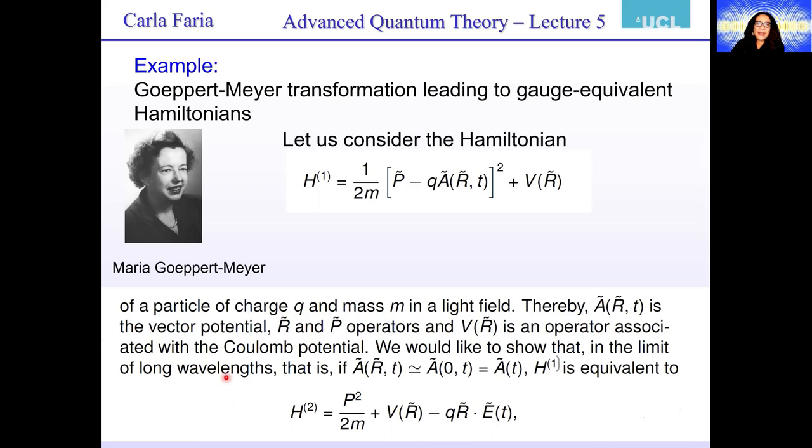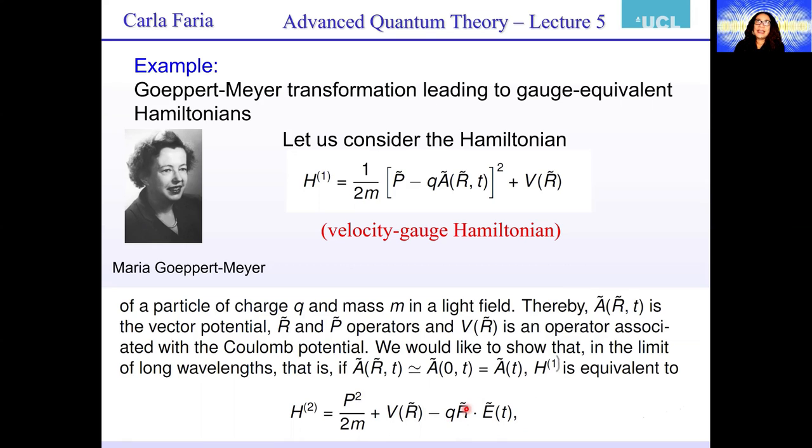We would like to show that in the limit of long wavelength, meaning if we can approximate the vector potential that depends on R and T by its value at the origin, so that it is only time dependent, this Hamiltonian 1 is equivalent to this other expression, Hamiltonian 2, where you have P squared over 2m plus V(R), and a coupling with the field that has a dipole form. We're going to discuss this in more detail soon.